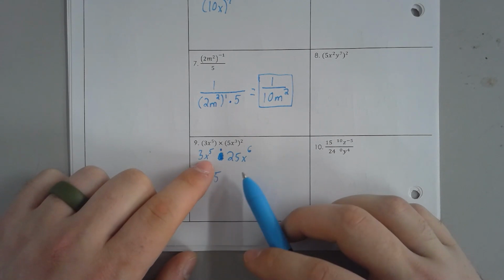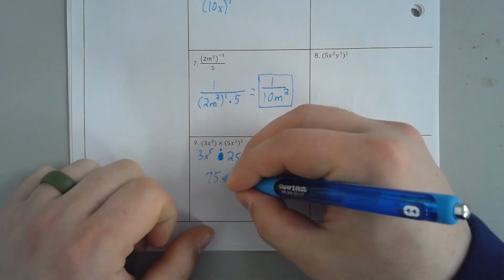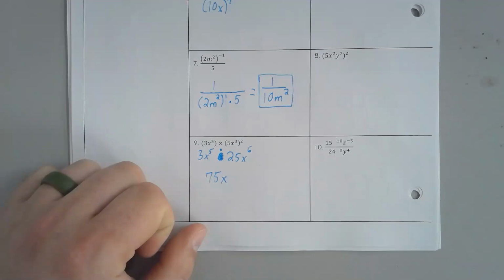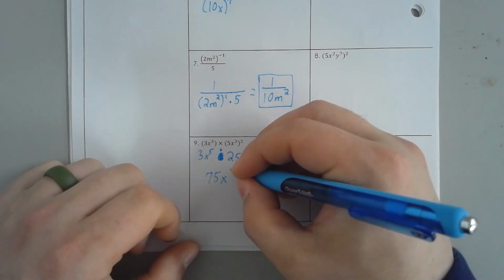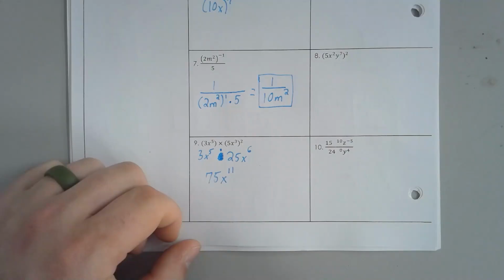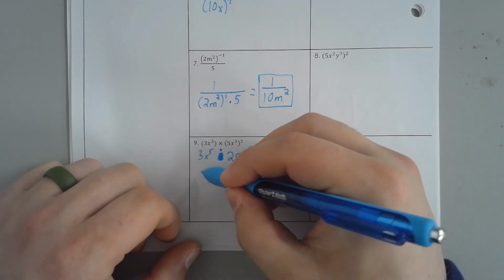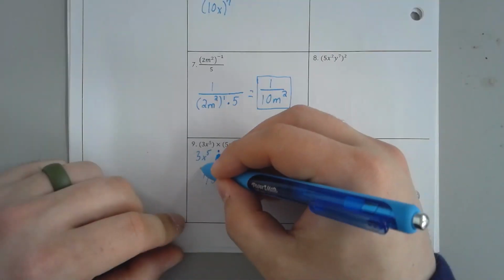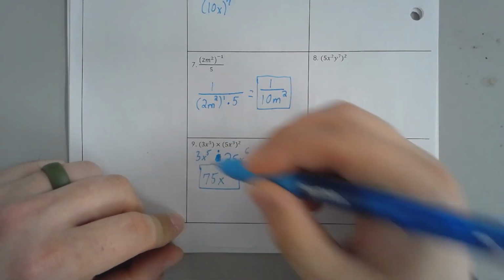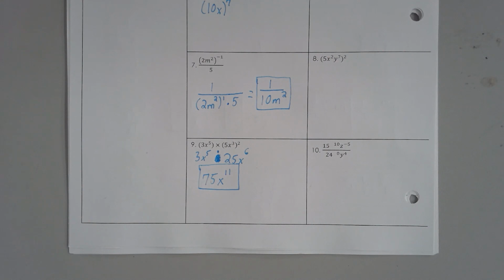We've got x to the 5th and x to the 6th. What do we do with those exponents? We add them. So 5 plus 6, we get 11. No, wait, yeah, you're right. 5 times 6 is 30. I knew what you meant.